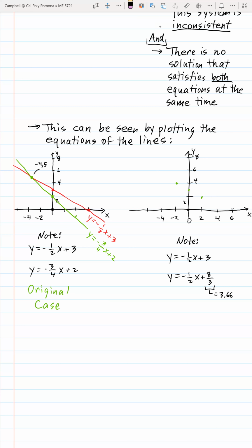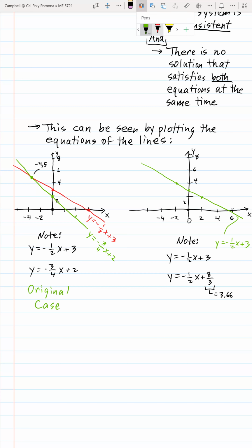It should be down 1, across 2, down 1, across 2. So I should get pretty close to 6 here. Let's see if I can do it. Well, got relatively close. So this particular line then, of course, is y is equal to -1/2 x plus 3.